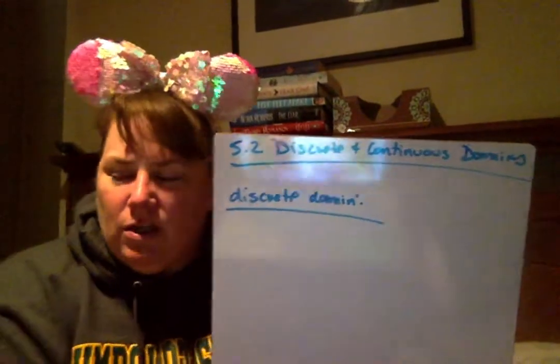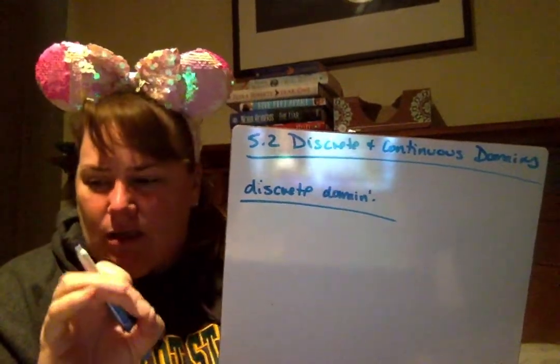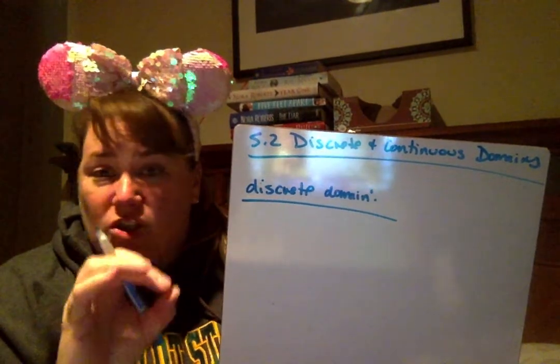All right, so discrete domain. Now we could talk about the Latin roots of all this, but last time I checked, you guys don't learn Latin anymore. So when you talk about discrete domain, they're talking about all the inputs in a certain interval.